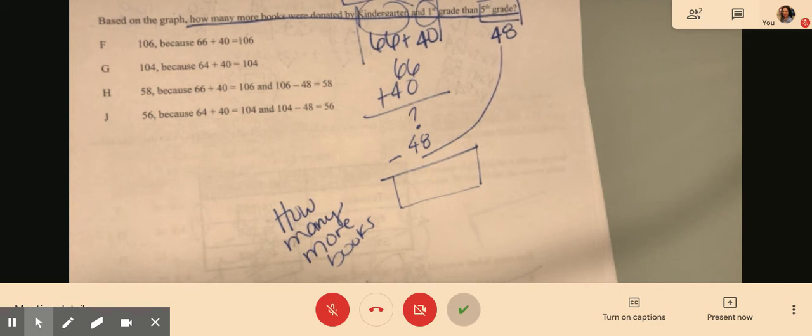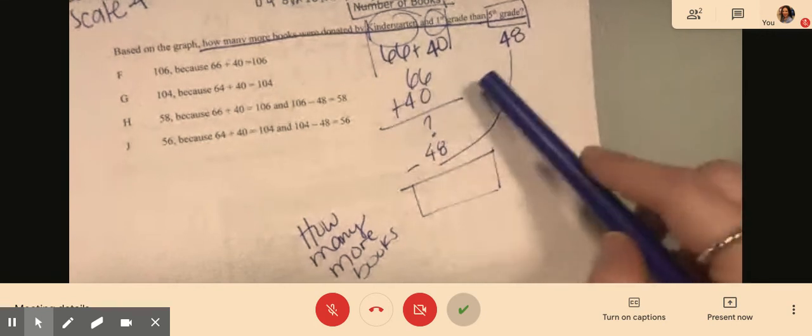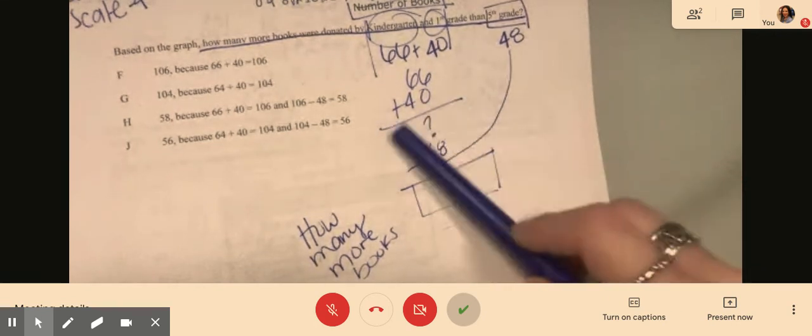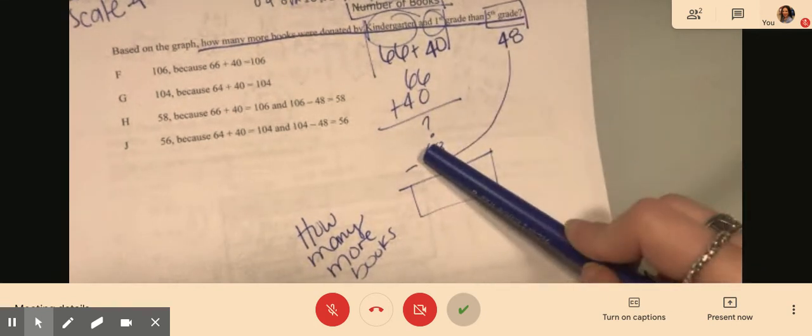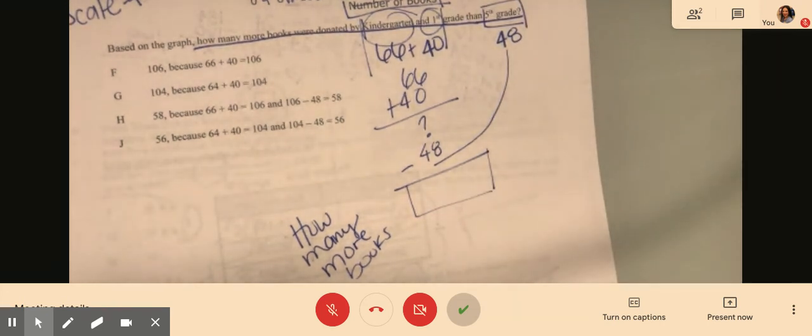Or is it J, 56 because 64 plus 40 equals 104 and 104 minus 48 equals 56? So you need to look at the steps that I showed you. Remember, we added kinder and first, and that number that you find, that sum, you have to subtract 48 to find the difference of how many more books they donated than fifth grade.